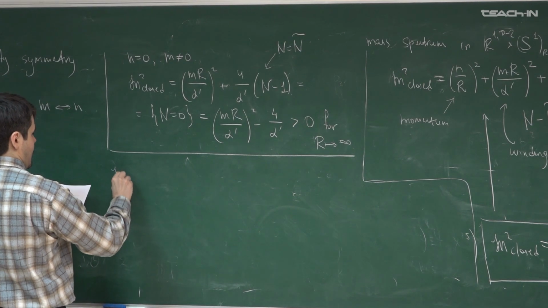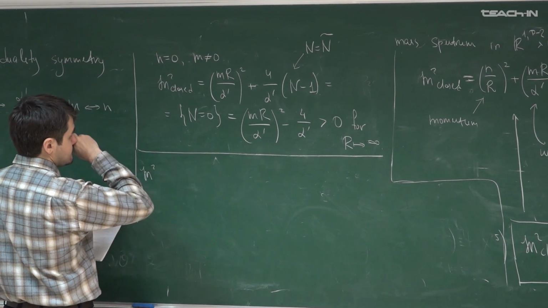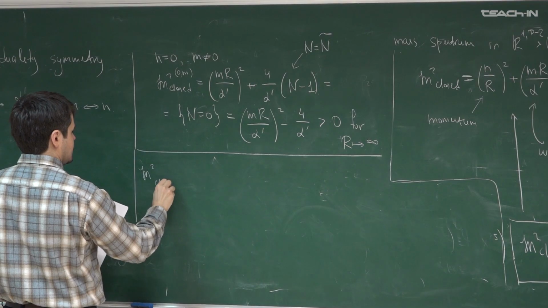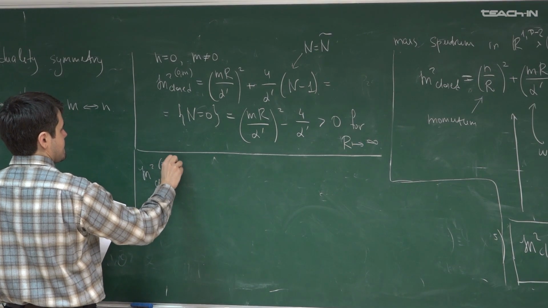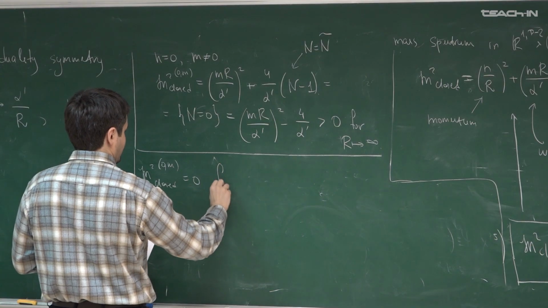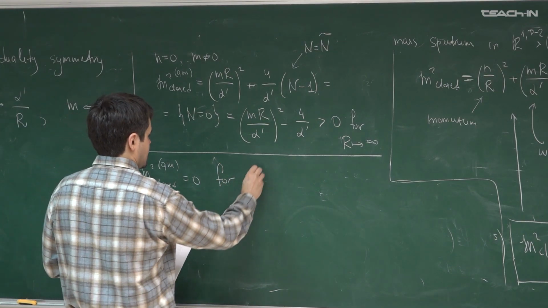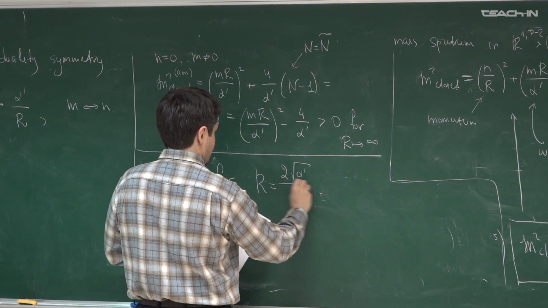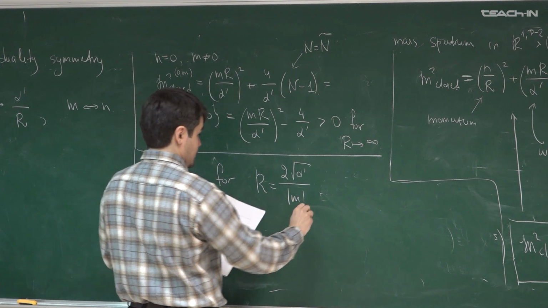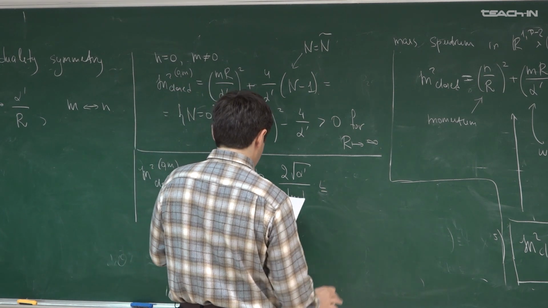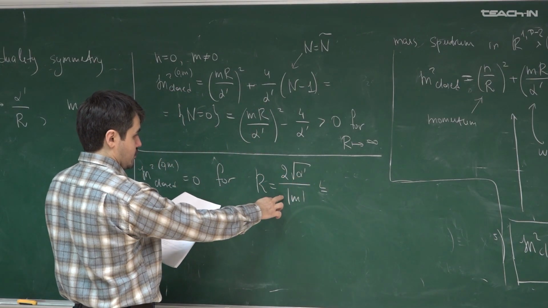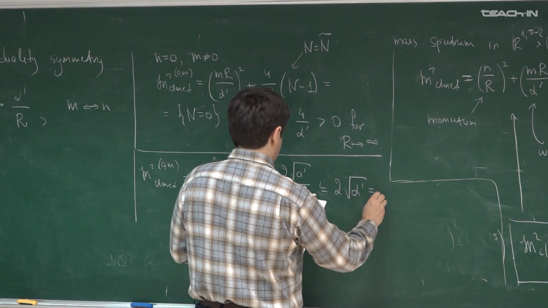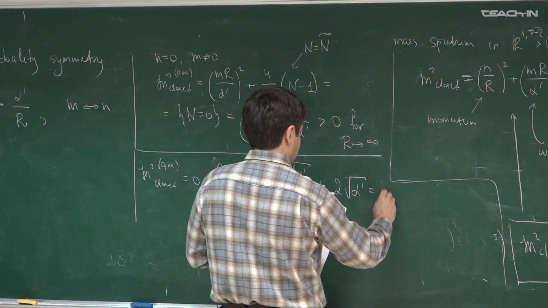So let's call it, M squared becomes 0 for r equal to this value. The largest value of r occurs for m equal to 1, so this is 2 square root of alpha prime. Let's call it r critical.